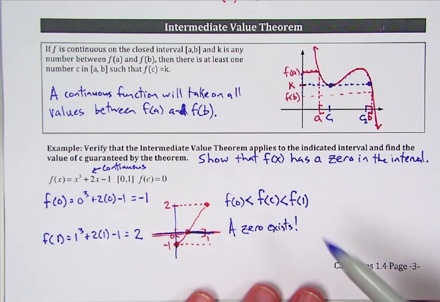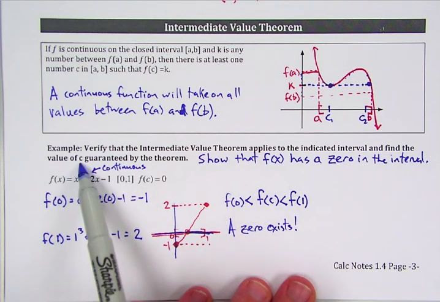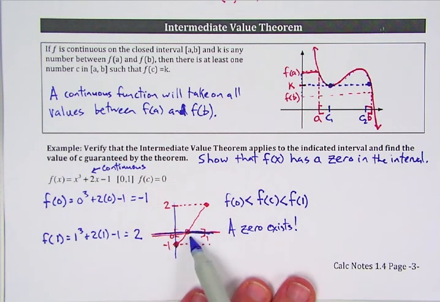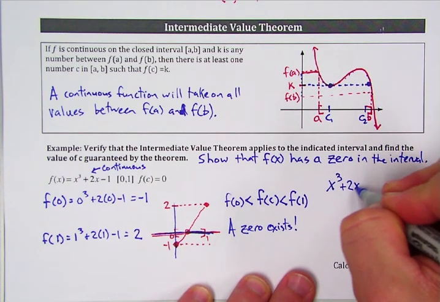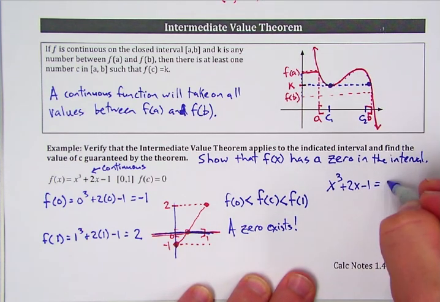Now, if we want to find the value of c guaranteed by the theorem, we know it exists. So we know the 0 exists. Let's go ahead and find it. So we want to know, where does that function equal 0?